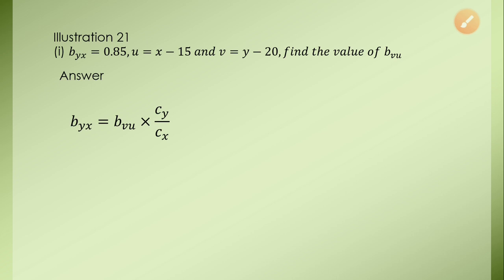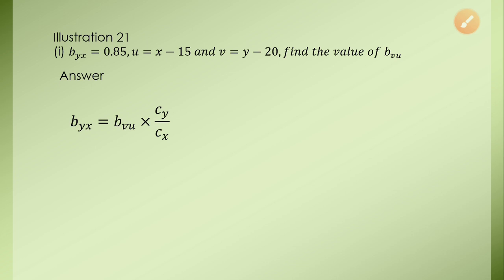You can see U and V on the screen. Is any digit divided? No. If no digit is divided, then you have to take Cy and Cx as 1, because if nothing is divided, it is the same as dividing by 1, and it doesn't make any difference.